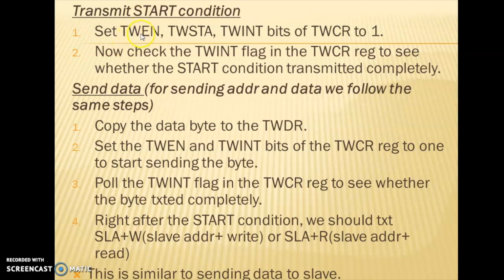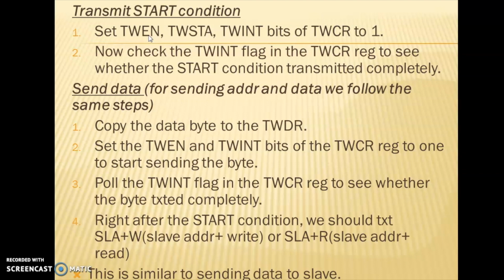And this enable bit, the TWEN should be set each time we send something. That is, before sending a start bit, an address, an acknowledgement, data, and a stop bit. Each time we need to turn on the device.